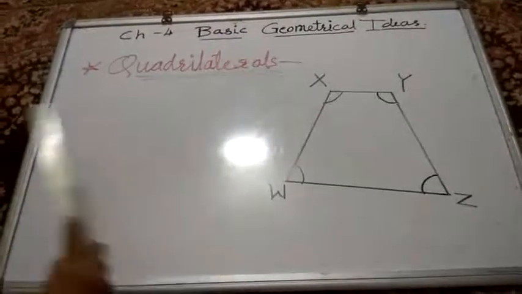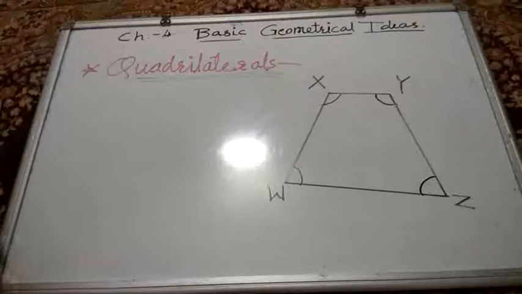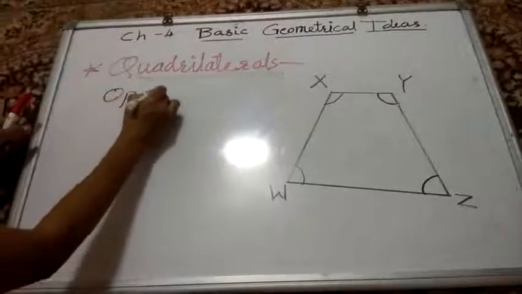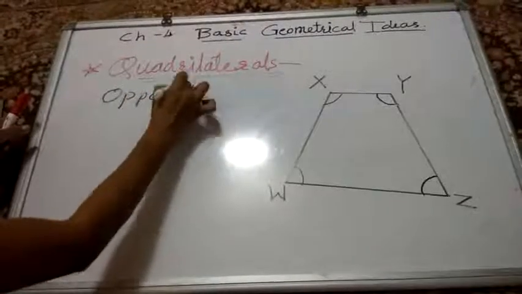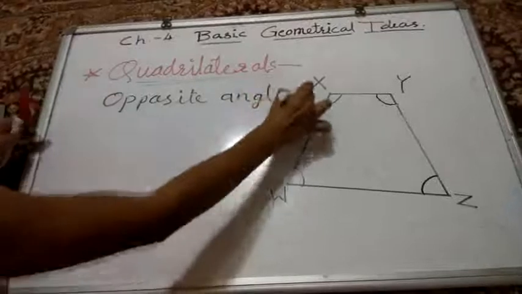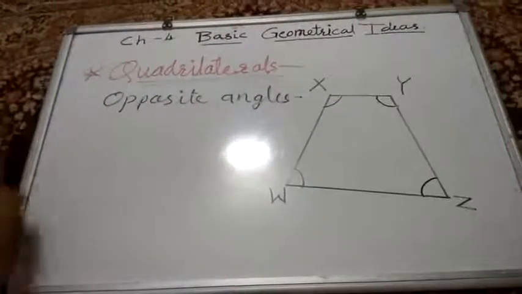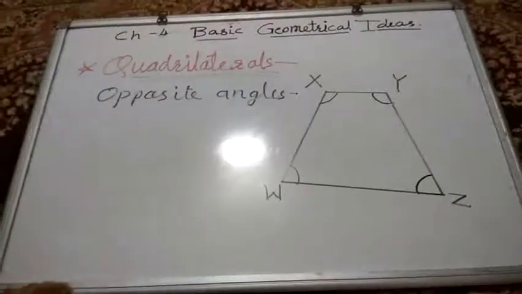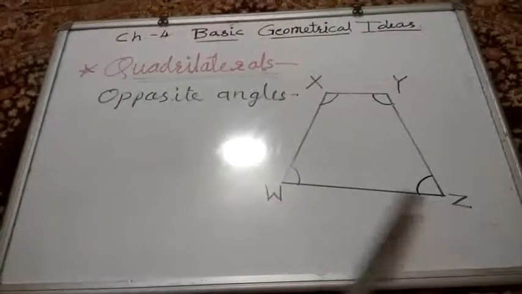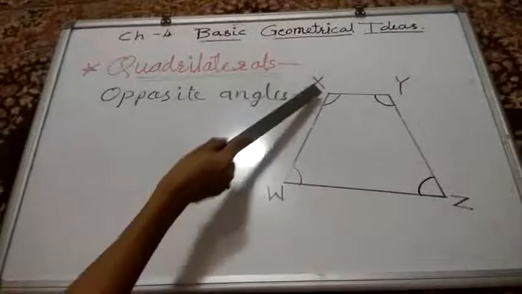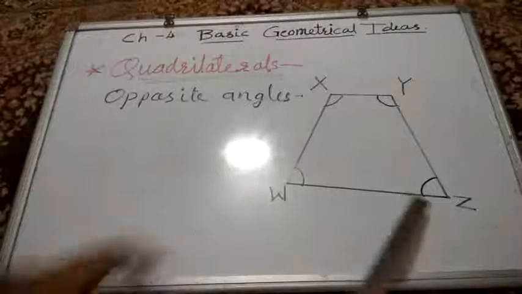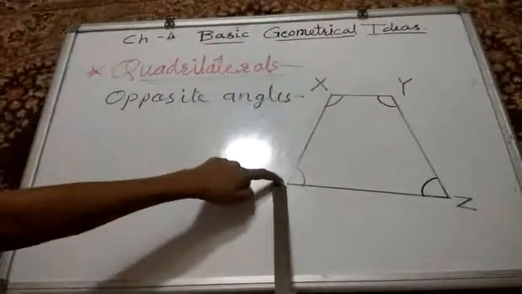Now, today we will learn opposite angles. What is an angle? When two line segments make a corner, like line segment ZW and line segment XW, they make an angle where they meet each other.